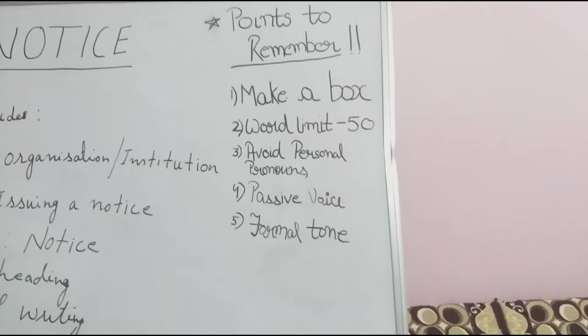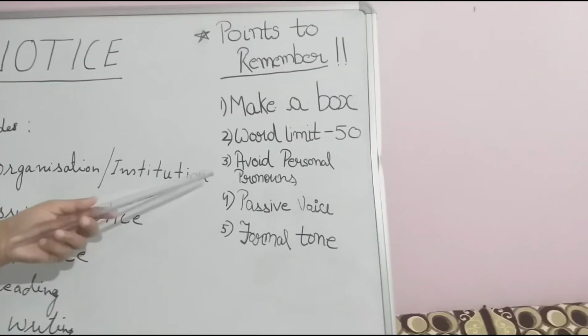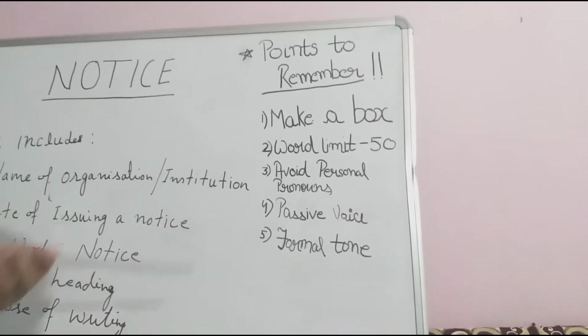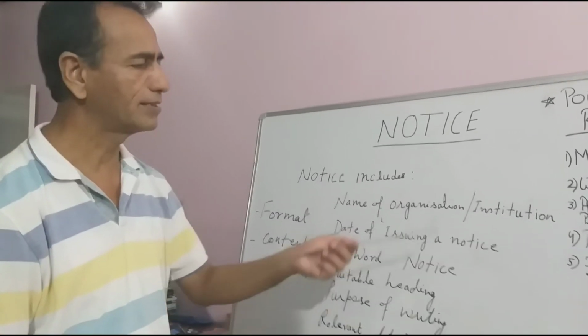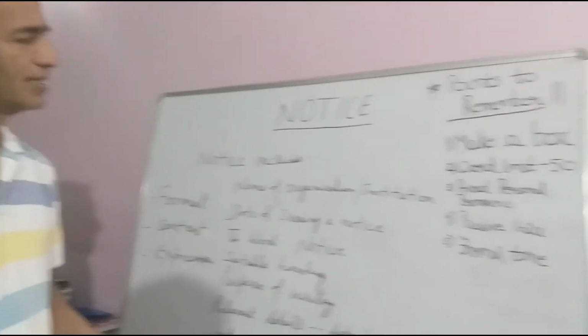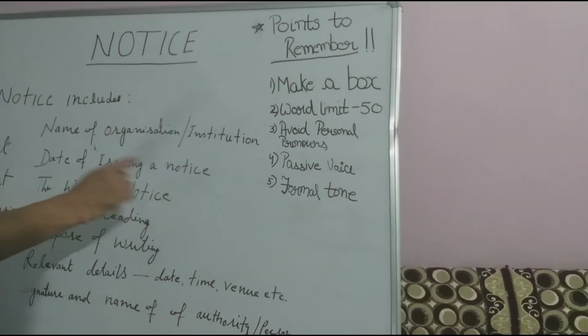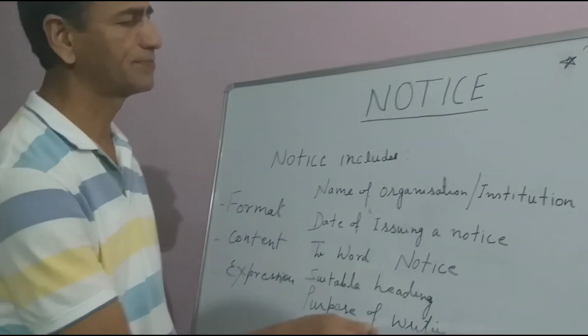And the next point which you have to remember in writing notice is always avoid writing personal pronouns like I, you, we. Avoid writing these words in a notice. And use a passive voice. Use passive voice while writing a notice. Means third person. Write it in the third person.